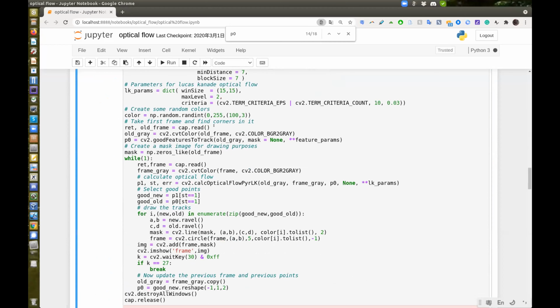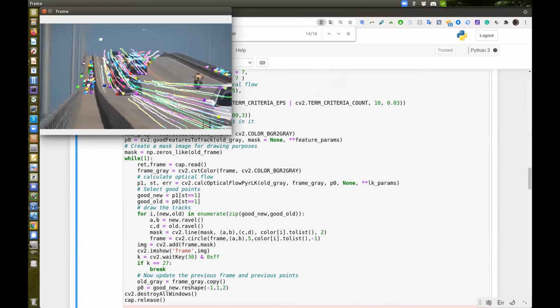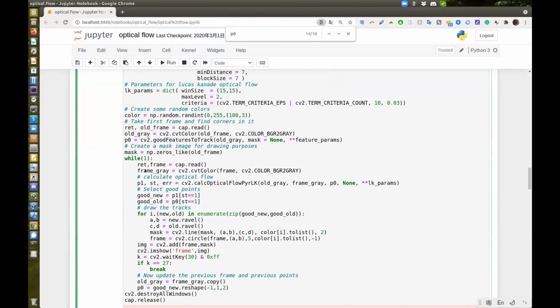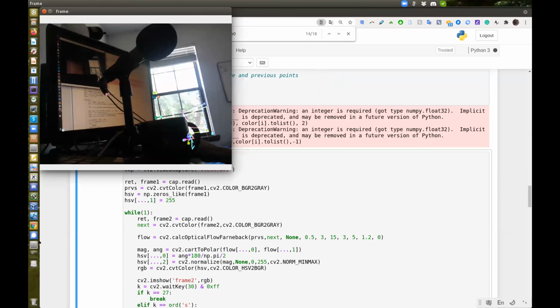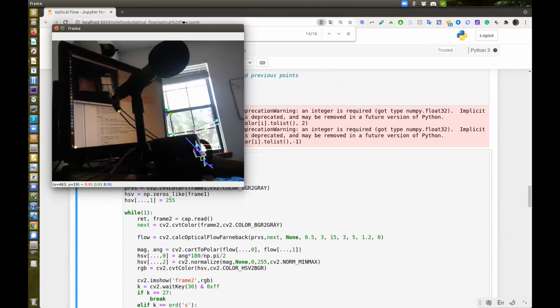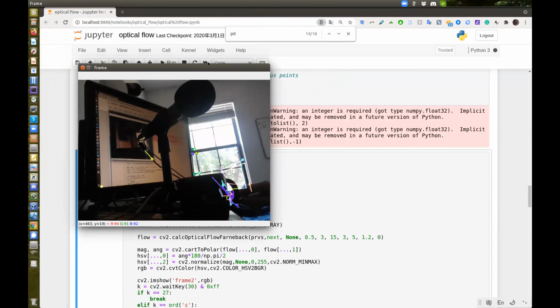So maybe I just show you another demo, just a slight modification. Oh yeah, this is the one with my camera here. So it's also checking only a few points, right? So maybe I start this again.